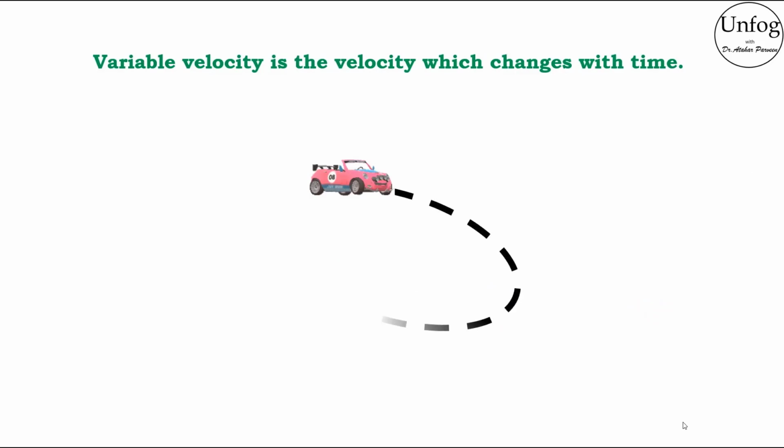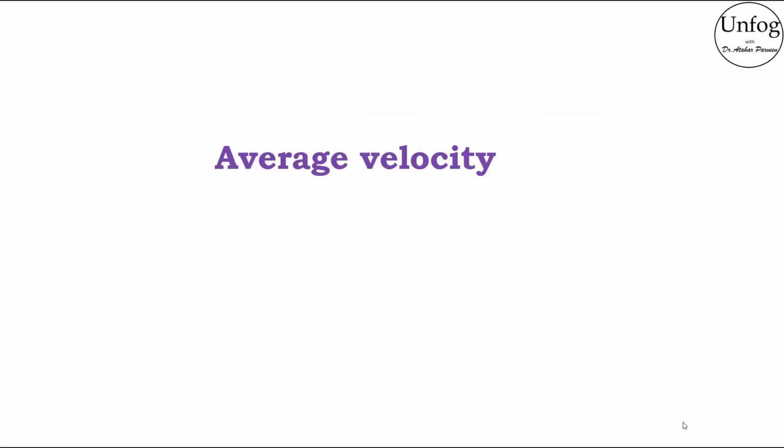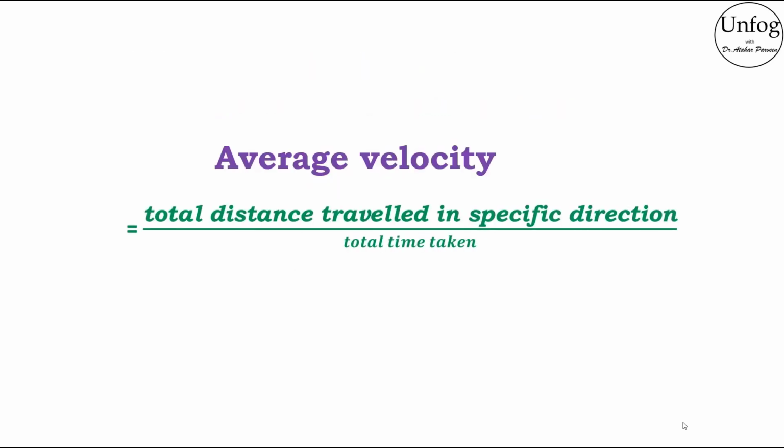A car on a circular track will have variable velocity because its displacement keeps on changing with time. That is, if a body covers unequal displacements in equal intervals of time, then it is said to have variable velocity. Average velocity is the total distance travelled by the body in a specific direction over the total time taken.